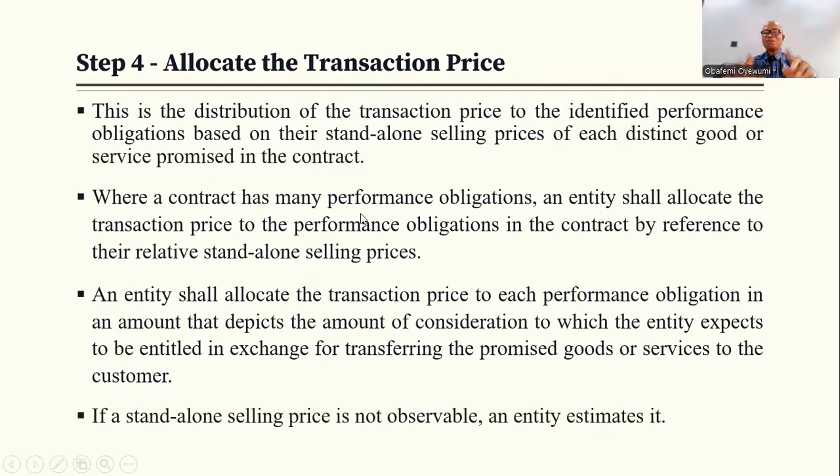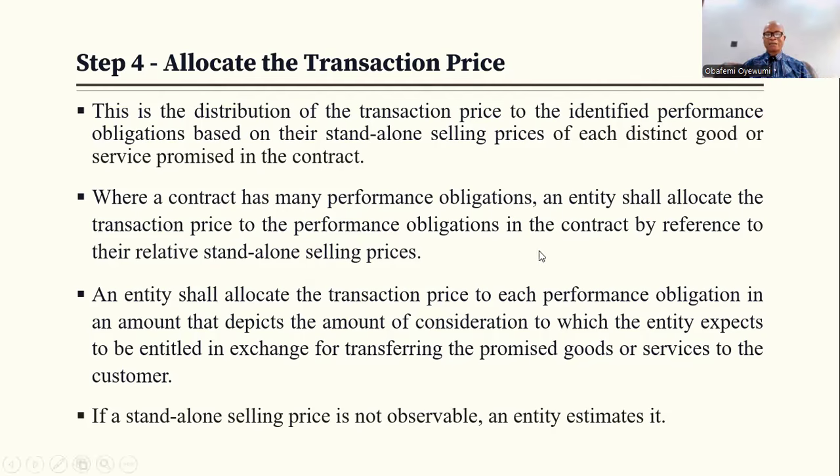Where a contract has many performance obligations, an entity shall allocate the transaction price to the performance obligations in the contract by reference to their relative standalone selling prices. Is that clear? I believe somebody is taking note of this.